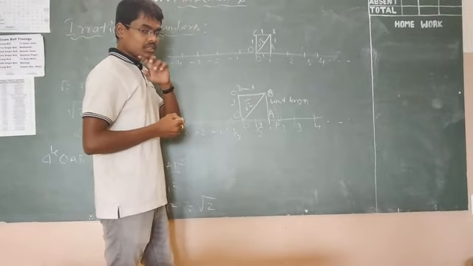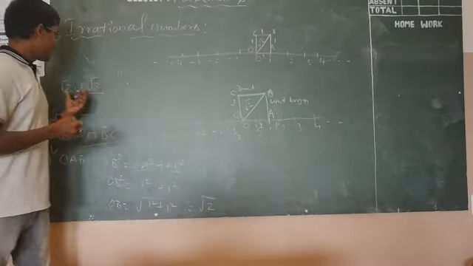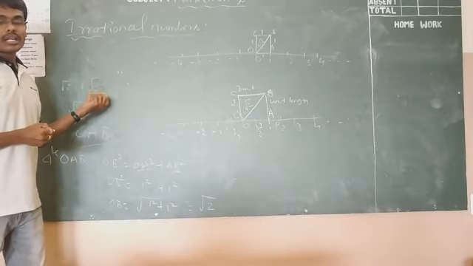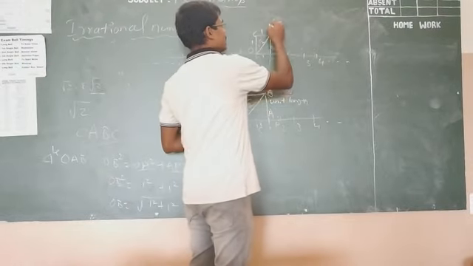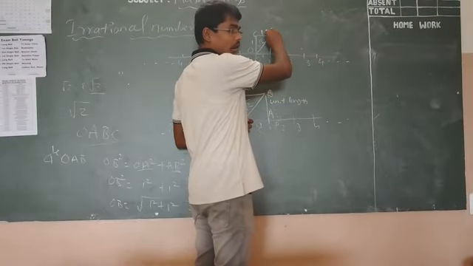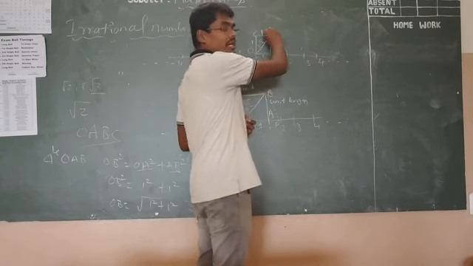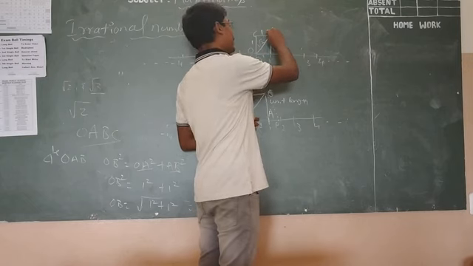Then afterwards, what about the value of root 3? How are we going to represent this root 3? I'm going to draw a perpendicular from the point B of unit length.